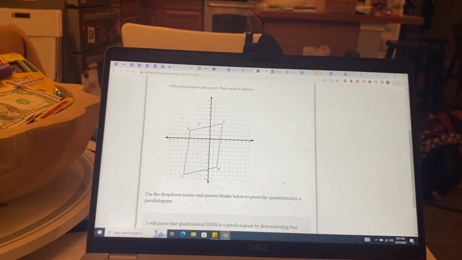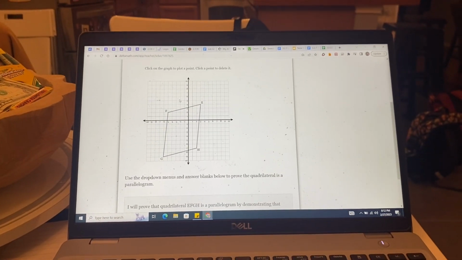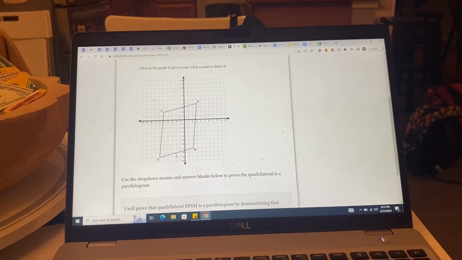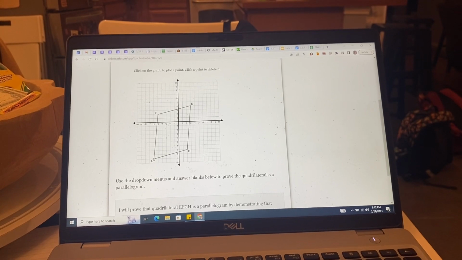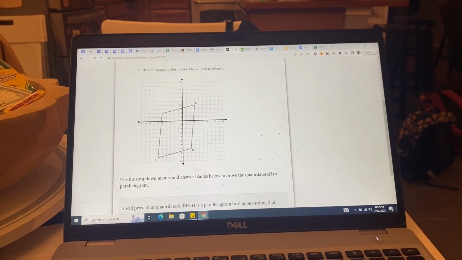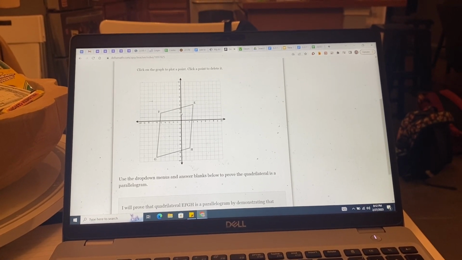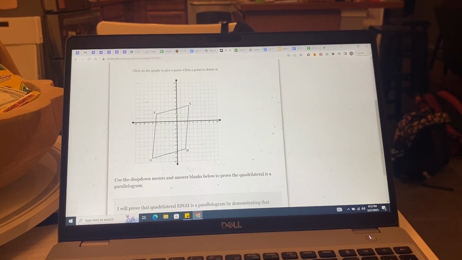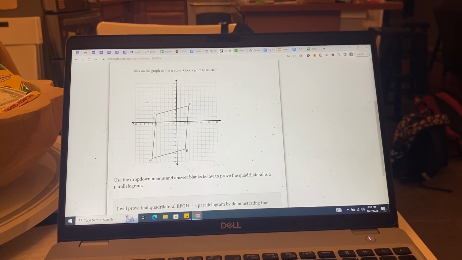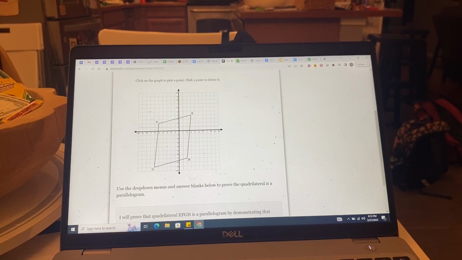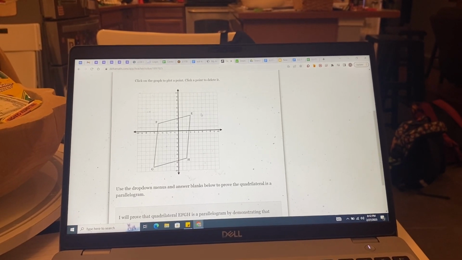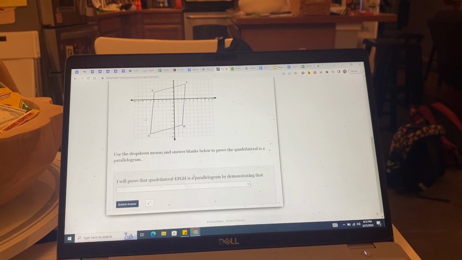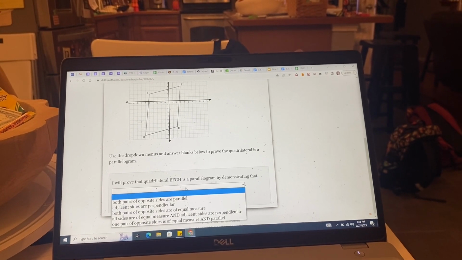So these opposite sides, EF and GH, are parallel. And then from G to F, I go up, well, from -9 to +2, that would be up 11 and over 1. From -7 to +4, that's up 11 and over 1. So all of the opposites are going to be parallel.